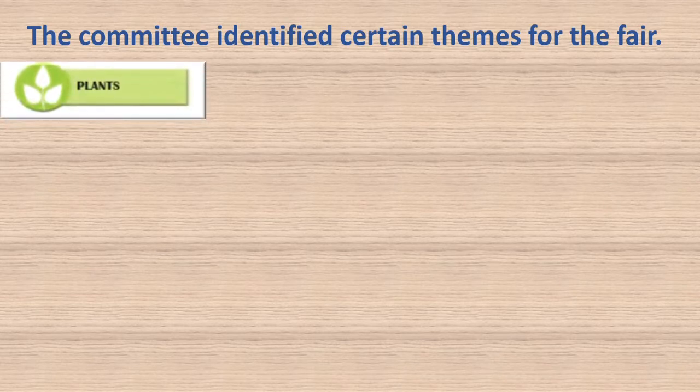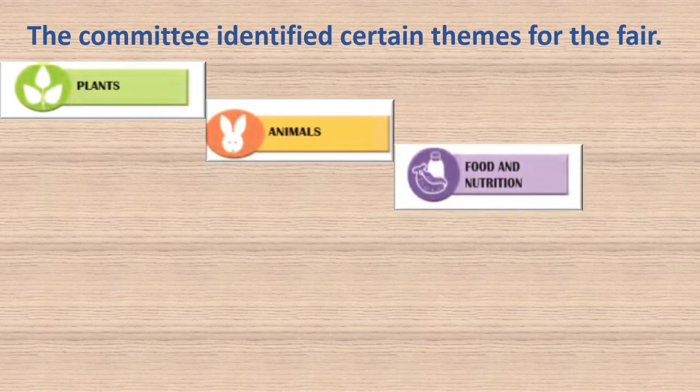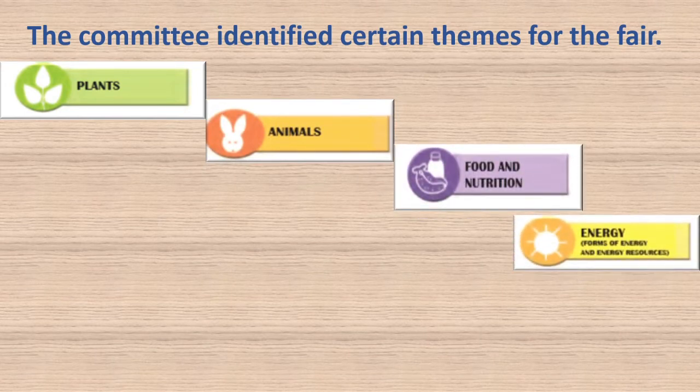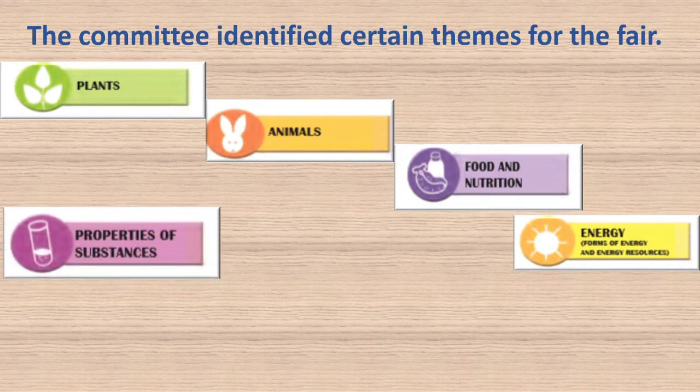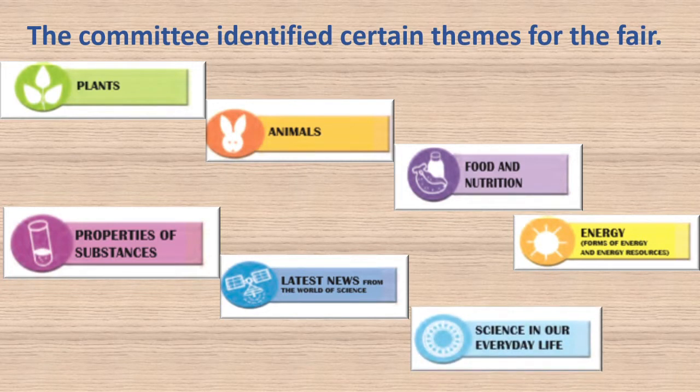They are plants, animals, food and nutrition, energy, means here we can see forms of energy and energy resources, properties of substances, latest news from the world of science, science in our everyday life. These are the different themes. Under these themes, the science fair will be conducted. Okay?